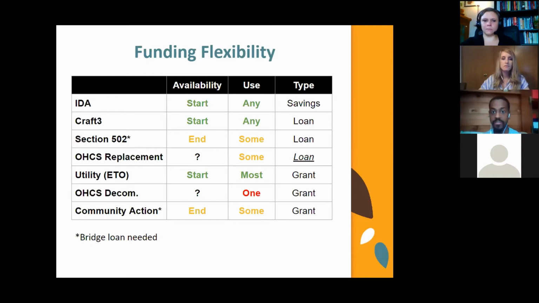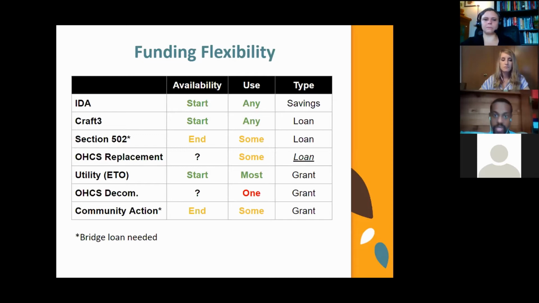Then you have the loans, which are the Craft3 loan, which, like I said, is a CDFI, and that can be used for anything in the entire project as well. Then we have the Section 502 loan, which is the USDA Rural Development loan. It is designed, as Rebecca said, for single family homes, and it can only come into play after the project is completed.